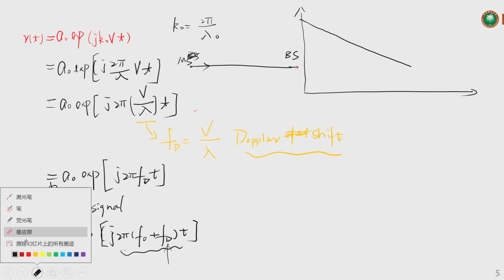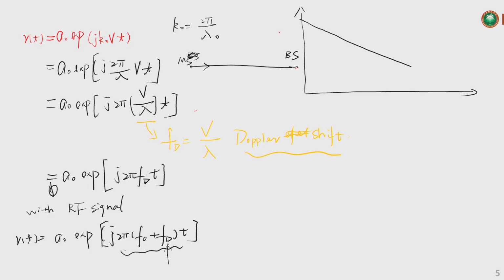So sometimes the base station actually has a height, and our mobile user still moves along this direction, and both have an angle alpha.